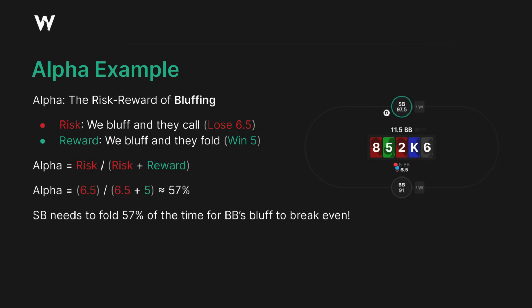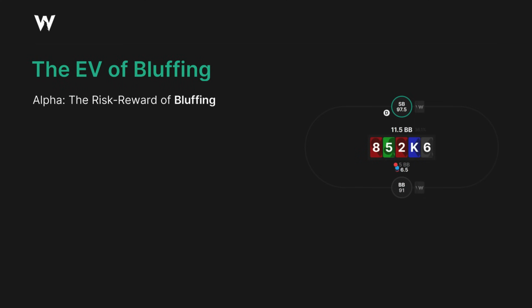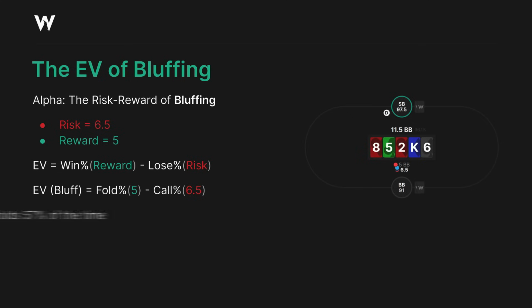But how much are we making or losing exactly? Well, let's find out. We can also plug this into an expected value equation. So the expected value of bluffing, again, we know the risk, we know the reward. It's the win percentage times the reward, subtract the lose percentage times the risk. If you want to figure out exactly how much money you're going to make and you have some estimates for win and lose percentage, you can plug this in. Now, in the case of bluffing, you win whenever they fold and you lose whenever they call.